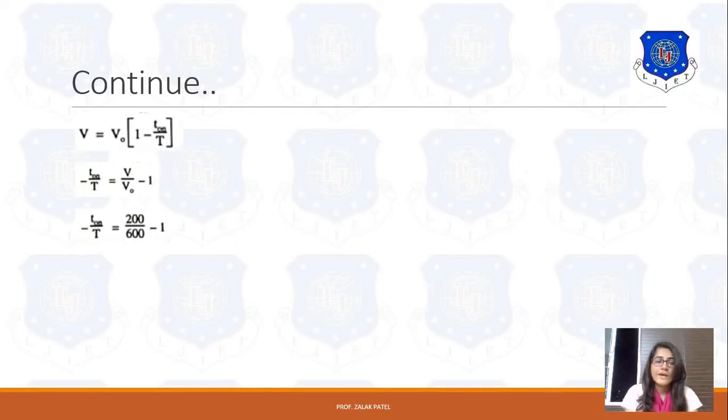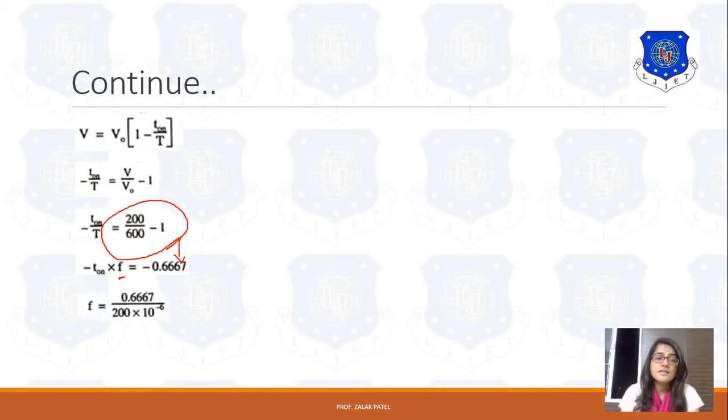So we put it over here, and if we simplify, it is T on into F, where 1 upon T is F, and if we calculate it, it will be 0.6667. So we have the equation in terms of on time and frequency, but we want the frequency, so it will be 0.6667, but on time is given as 200 microseconds, so we divide by this and we get the answer, that is 3333 hertz. Now let's take the second case.